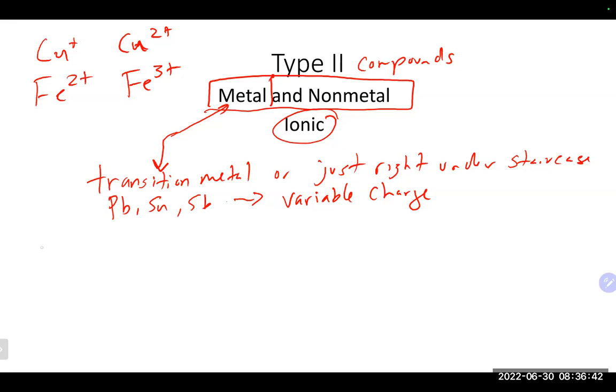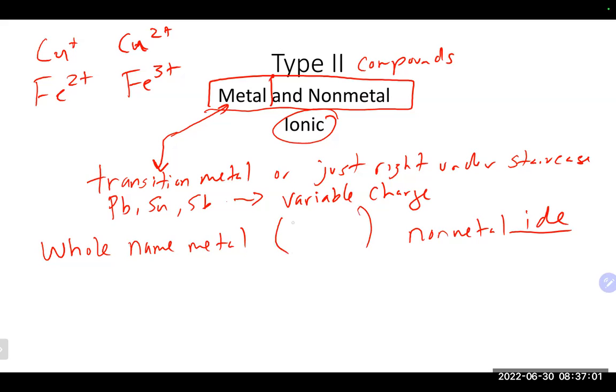The way we name these is pretty similar to how we name type 1. We use the whole name of the metal, and the non-metal still gets the IDE at the end. The one additional thing we do with type 2 is in the middle, we put Roman numerals.